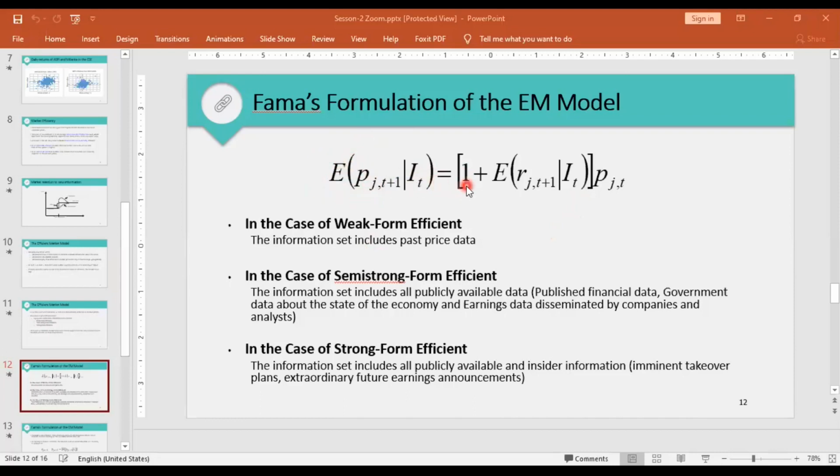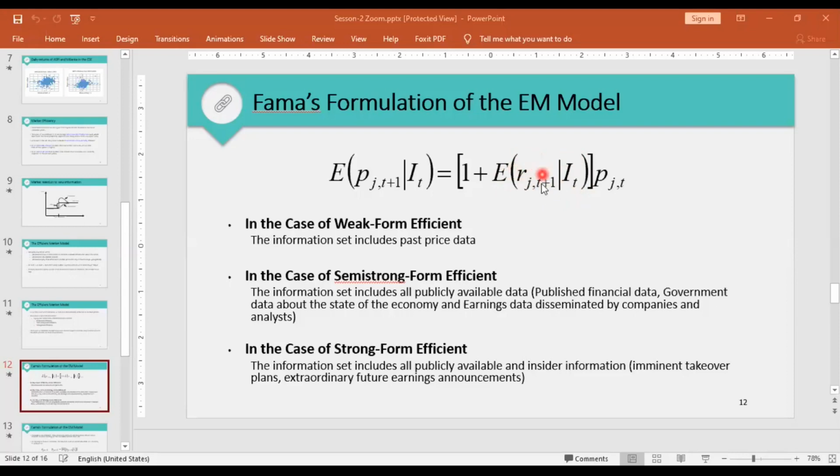And it will be equal to 1 plus expected R, given IT, times PJT. Now R is the return. Expected return is determined by whatever information is available right now, that means at this moment it is IT. Based on IT, we will determine expected return.